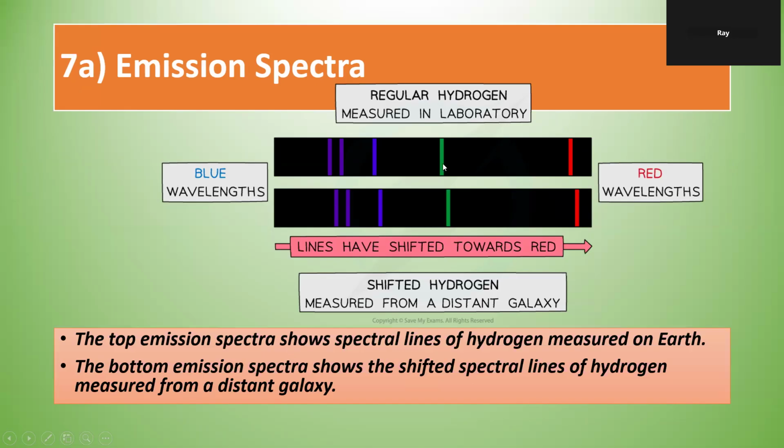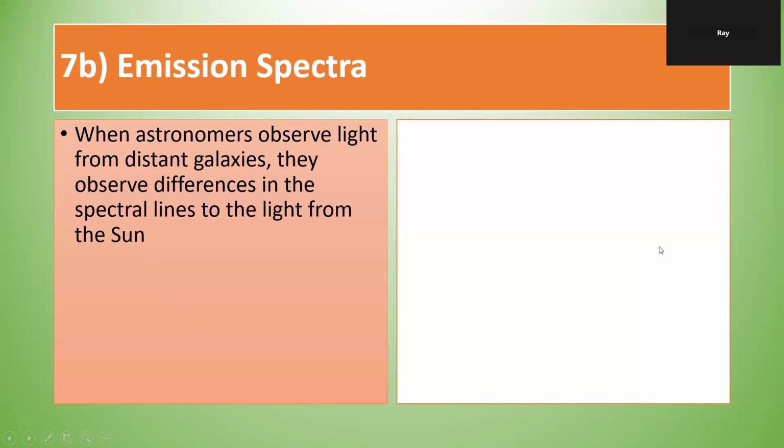This one is measured on Earth. This one is measured from the galaxy. We see that it's shifted to the red end. That's why it's called redshift. When astronomers observe light from distant galaxies, they observe differences in spectral lines compared to light from the Sun.